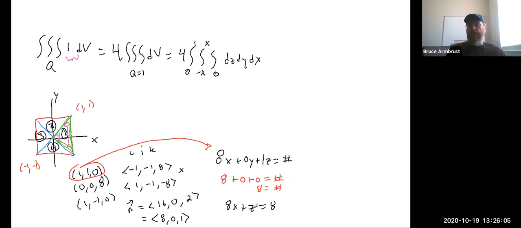So I need to solve that for z. And so z equals, that ends up being 8 minus 8x. So without the 4, that integral is finding the volume under face number 1.